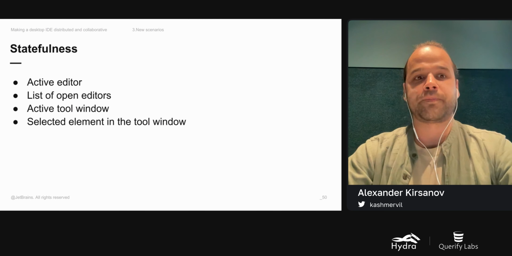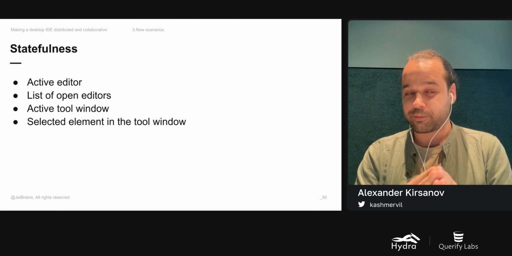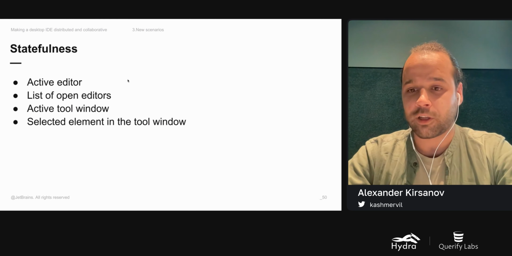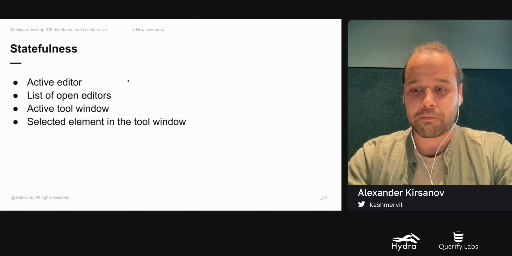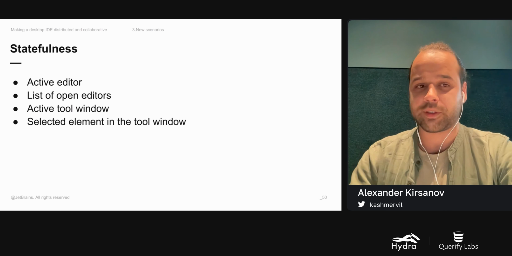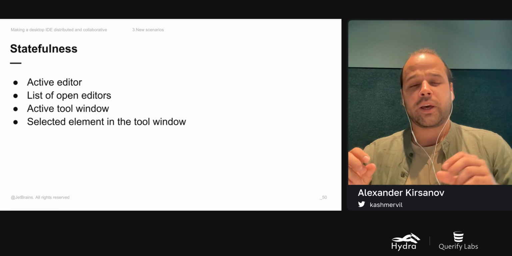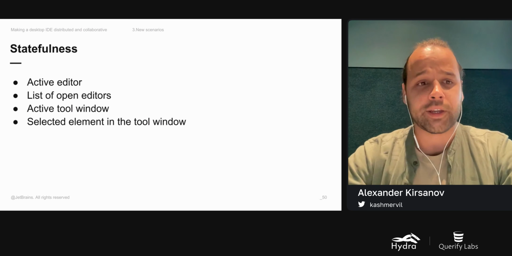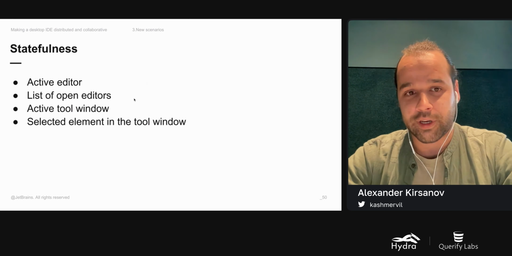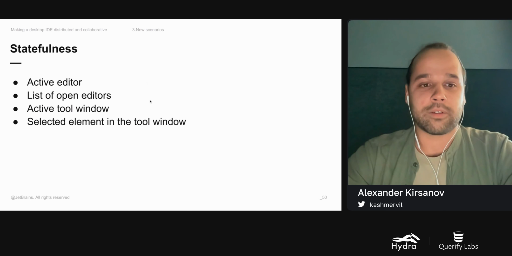And as for the state, what we wanted to split: obviously, it's the active editor, because a lot of various features only work within the open editor you're currently working with. It applies to completions and various tooltips and pop-ups that you see inside the editor. But also you need to get the list of all open editors for the code analyzers, right?